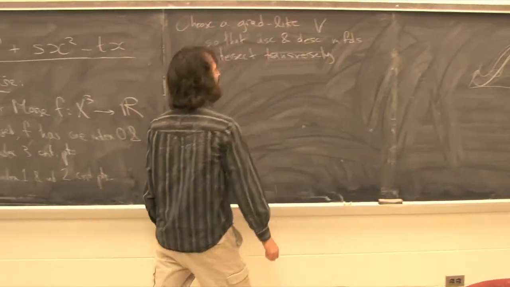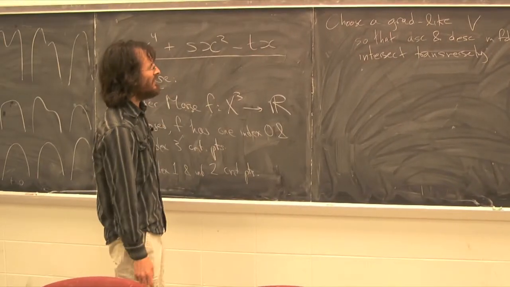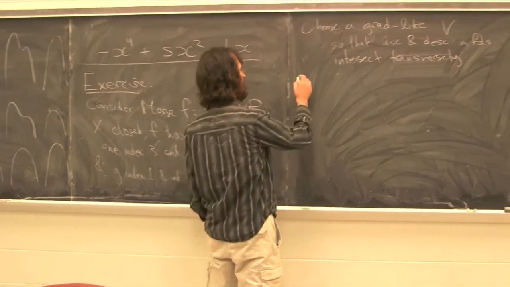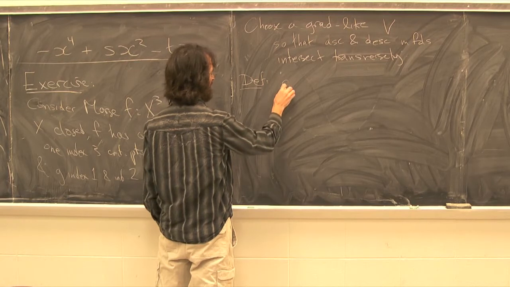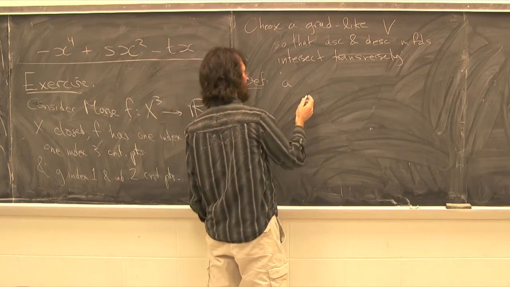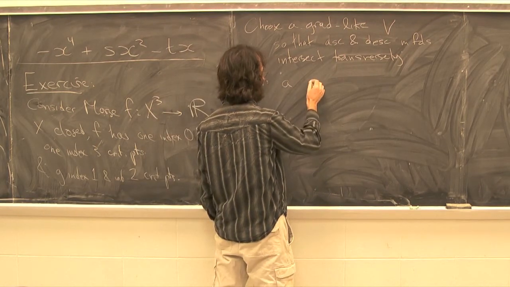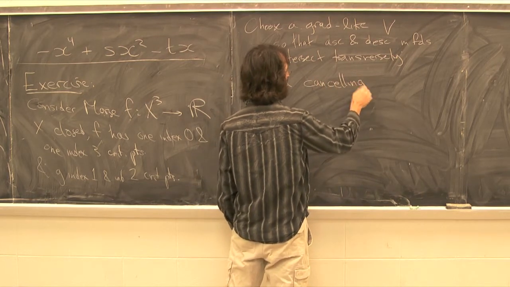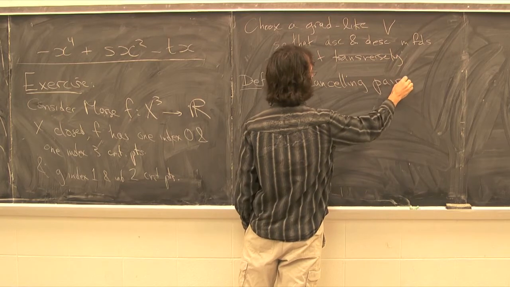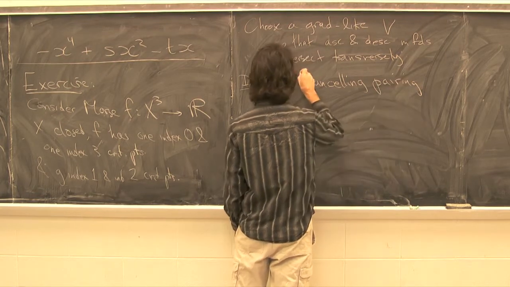Okay, so suppose these intersect transversely. Now I'm going to define a canceling pairing. This is just my own terminology.